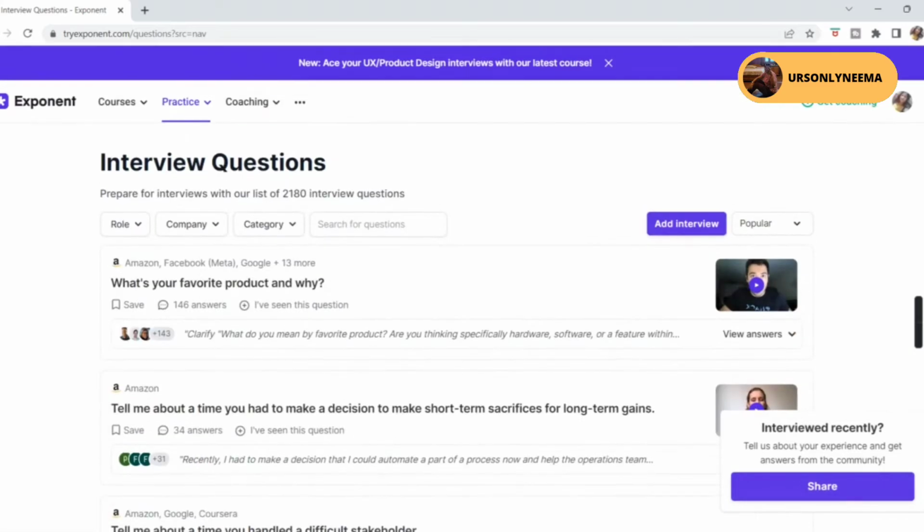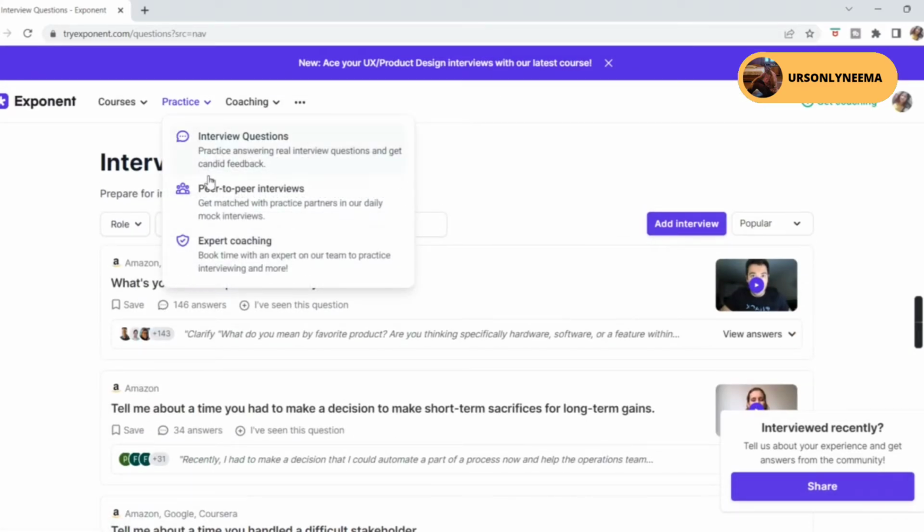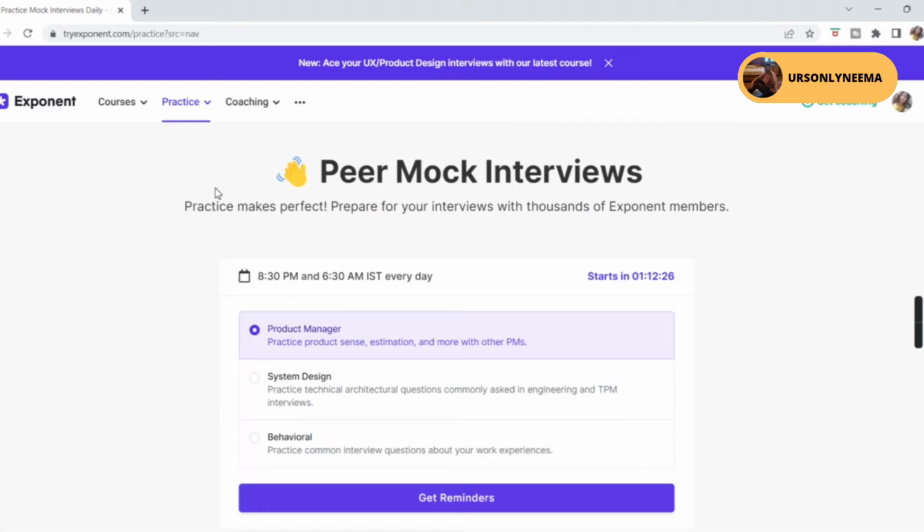One thing I would like to mention is the peer-to-peer interview. It's a great resource, guys, because if you want a mock interview, for example you have an interview tomorrow and you want to practice talking to a real person, but you have nobody to do that, this is a great platform to find a peer.